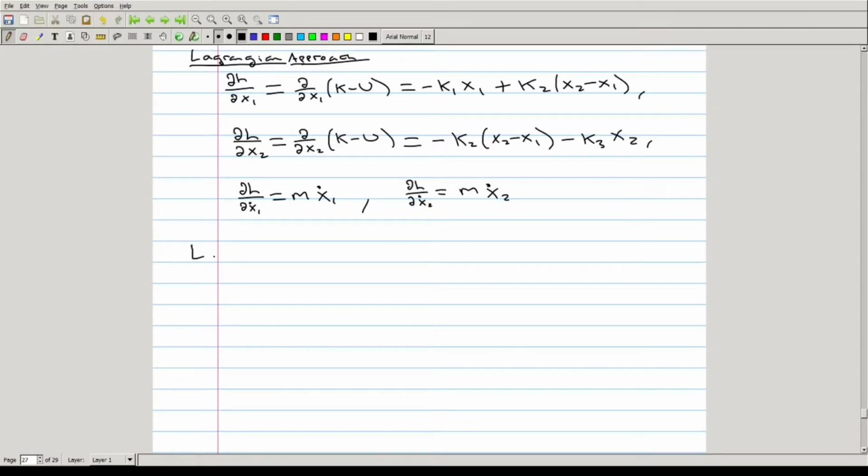In the Lagrangian equation of motion, the time derivative of dL/dx1 dot is equal to dL/dx1.